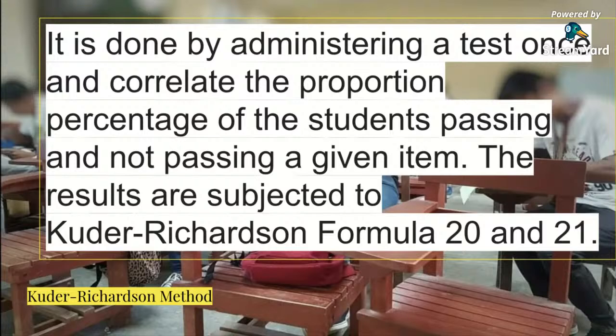So if in the split half method we divide the total number of items into two, in Kuder-Richardson we're talking about correlating the proportion percentage of the number of students who passed the item and the number of students who did not answer the item correctly. And then we use the Kuder-Richardson formula 20 and 21 to test the measure of internal consistency.